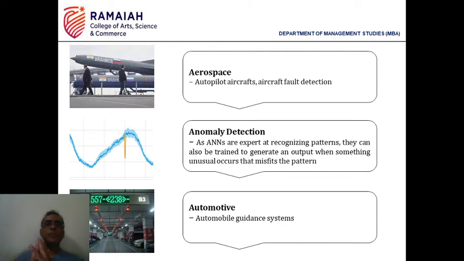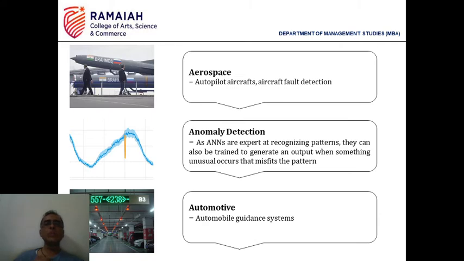It is used in the aerospace industry, where it is used in autopilot aircraft, unmanned air surveillance aircraft, and aircraft fault detection in MRO. MRO is nothing but maintenance, repair, and overhaul. Defense is a major area which uses this, to protect the country's intellectual property and the country's citizens.